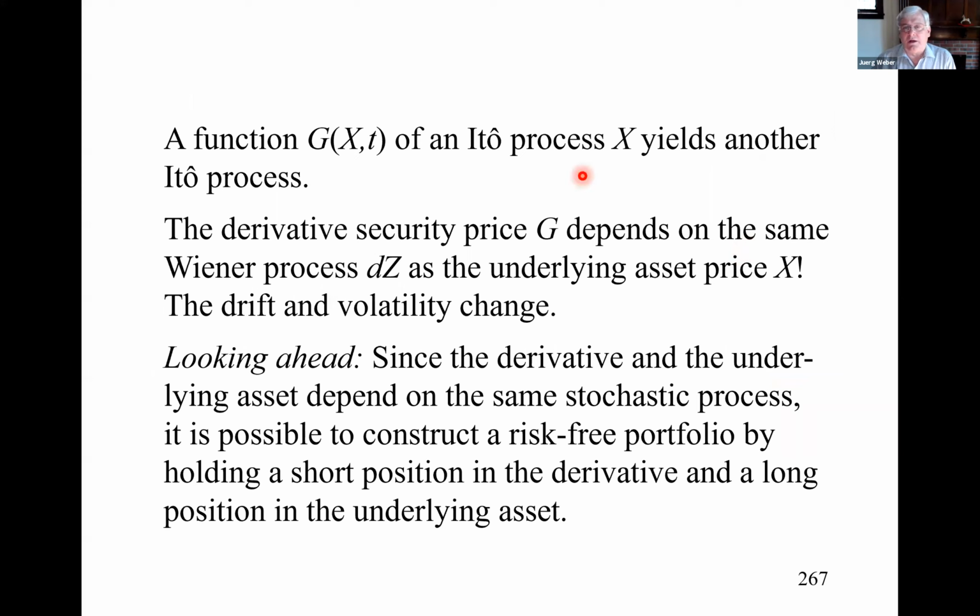So if x follows an Ito process, then the function g of x also follows an Ito process. And importantly, both Ito processes depend on the same random shock, dz, on the same Ito process.